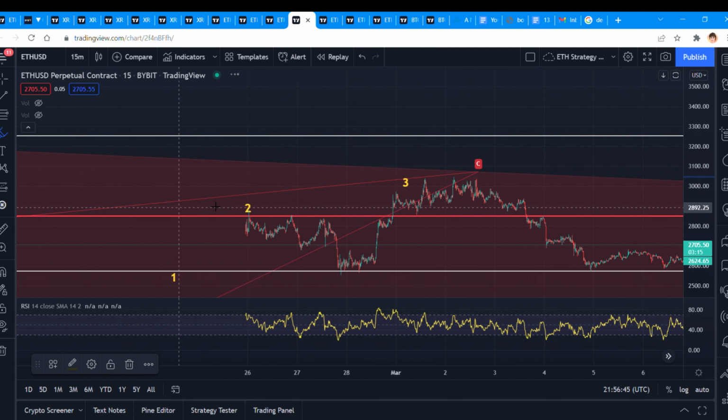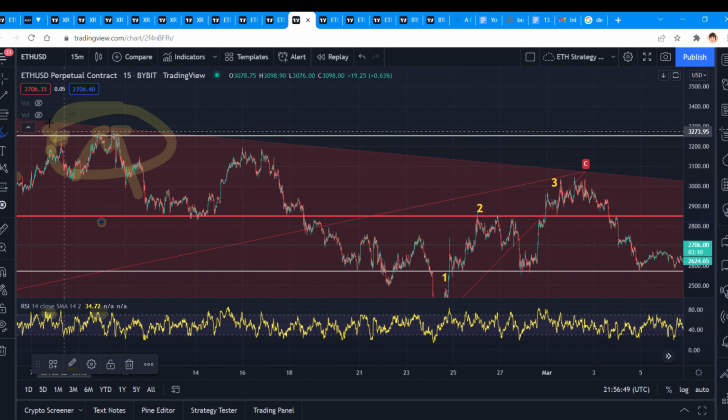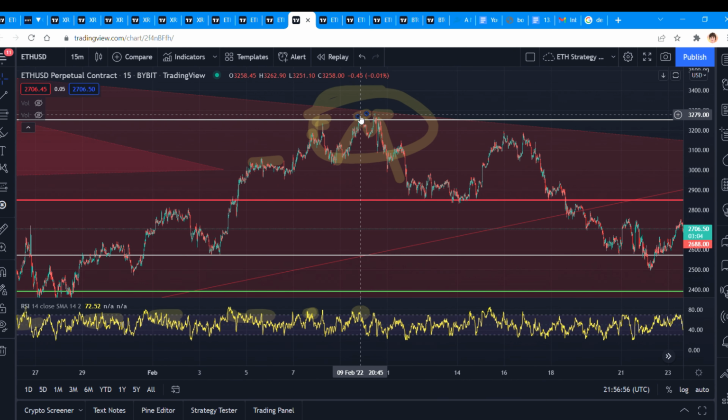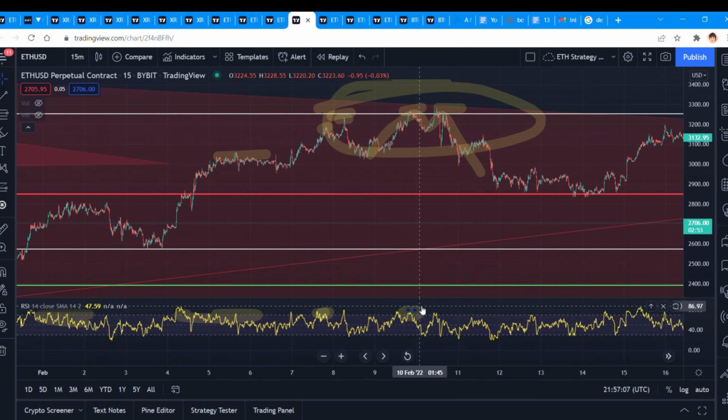So when you see these, where are they? Perfect there. When you see these three peaks, again, I would watch for the RSI topping out. Let's see what is the RSI situation here on the 15-minute.